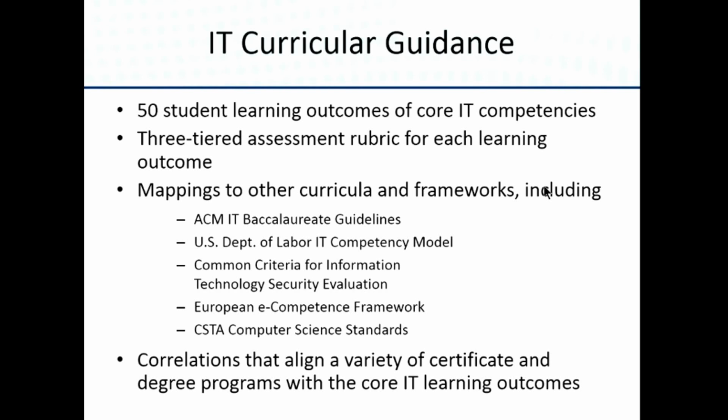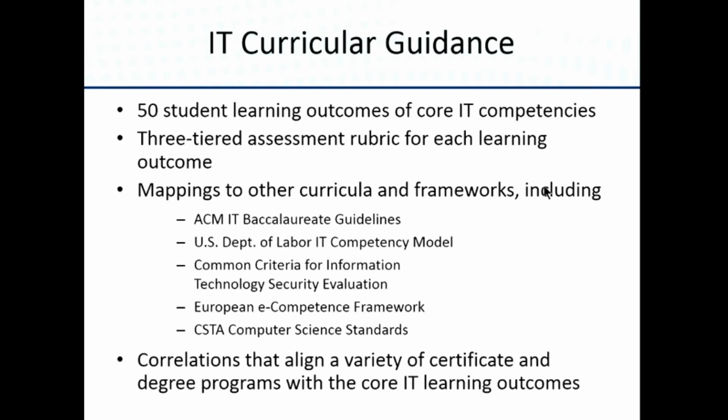And then the other part of the guidelines is these correlations that I mentioned. We have a few of them included even in the published version, but we're going to continue to collect them. This is where a school takes their degree or certificate program, looks at the courses in that program, and then looks at these 50 student learning outcomes and sees which of these outcomes they cover in each course, and so you correlate your program in that way.